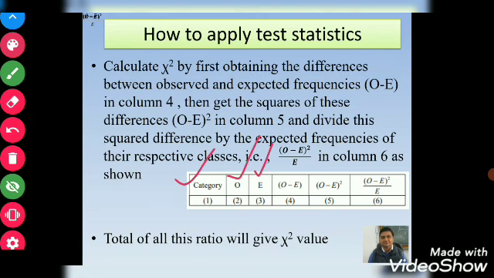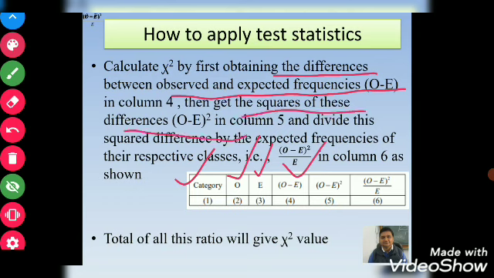Now you have to go for the chi-square value calculation, and for that the next 3 columns will be useful. Calculate the chi-square by first obtaining the difference between observed and expected frequency, in the fourth column. Then, in the fifth column, the square of these differences.